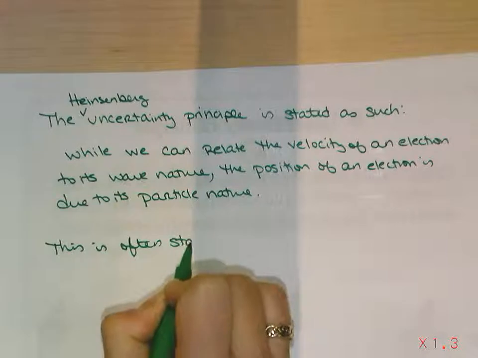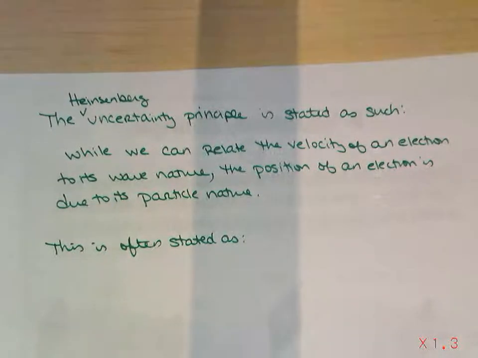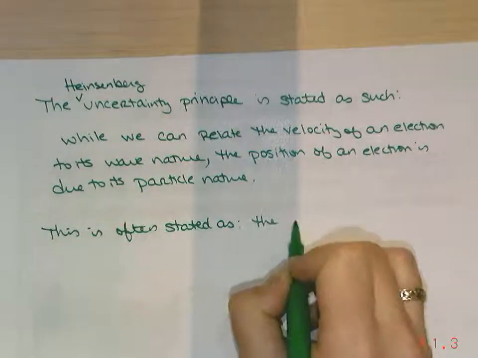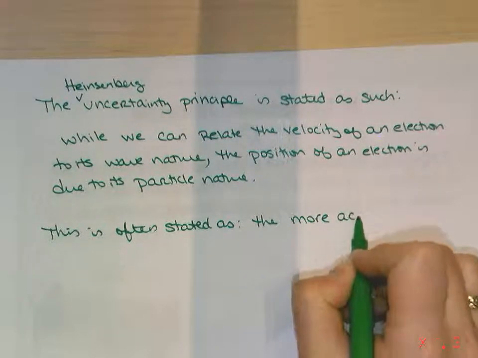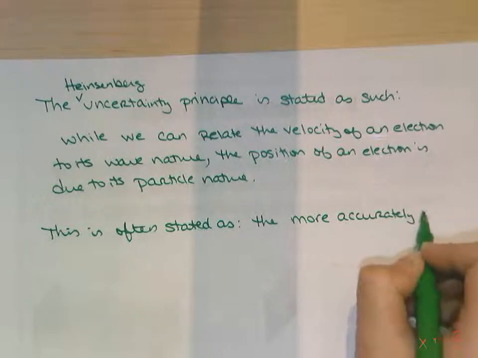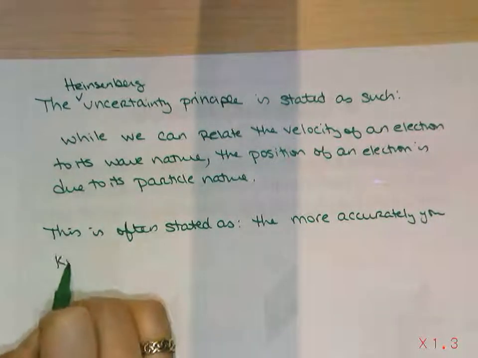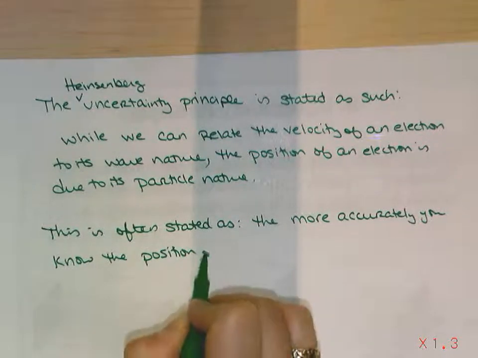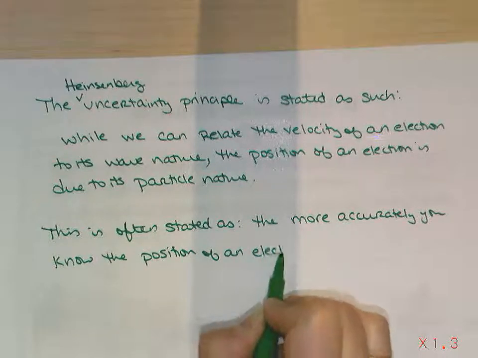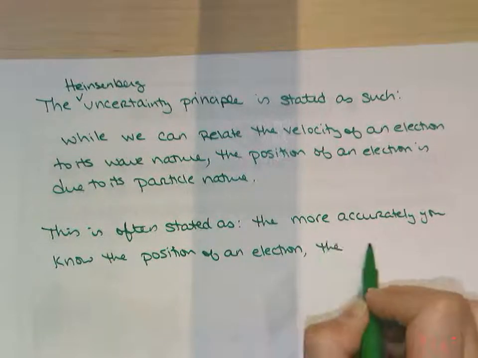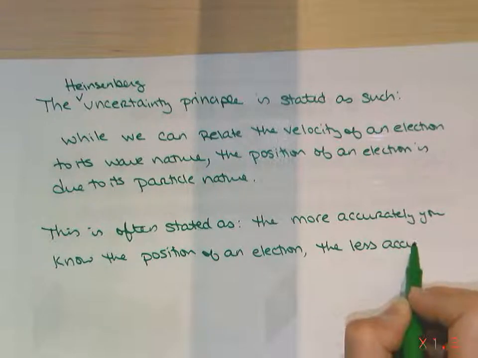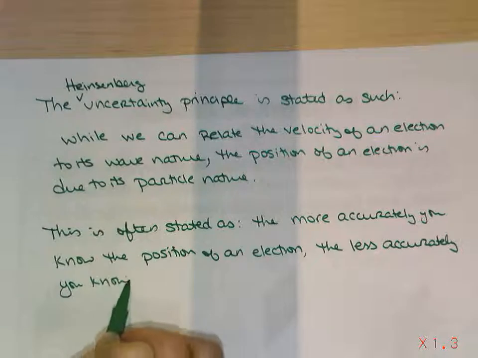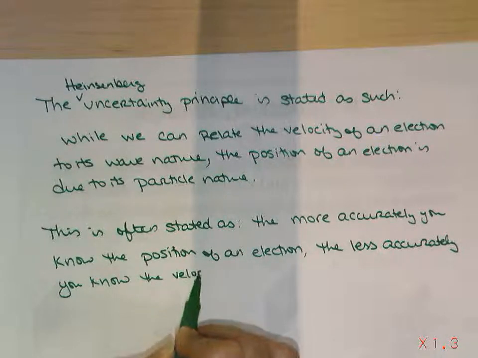So more often we state it like this: the more accurately you know the position of an electron, the less accurately you know its velocity.